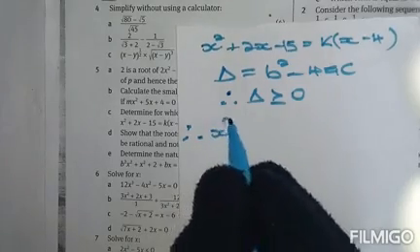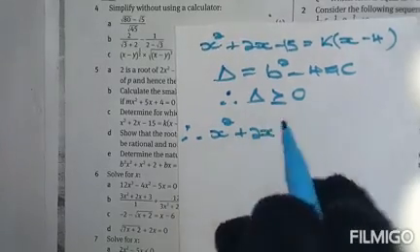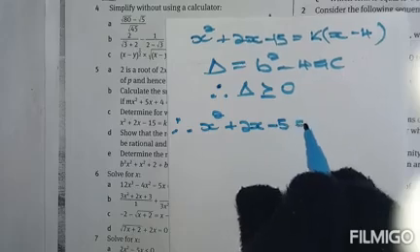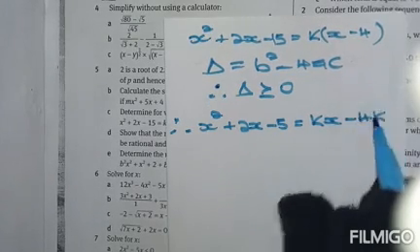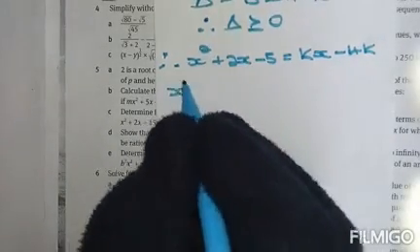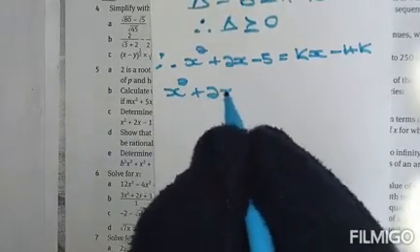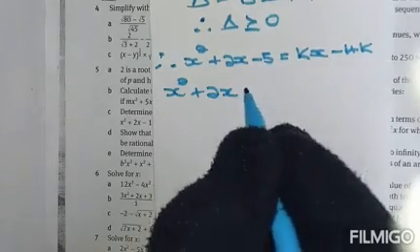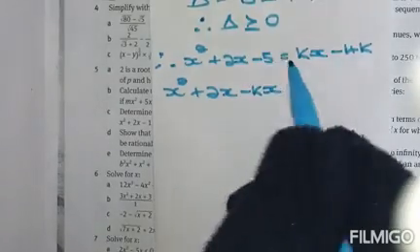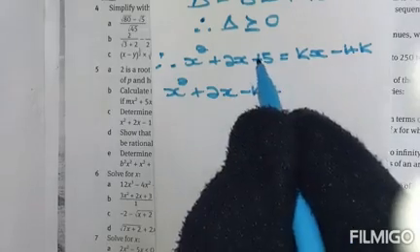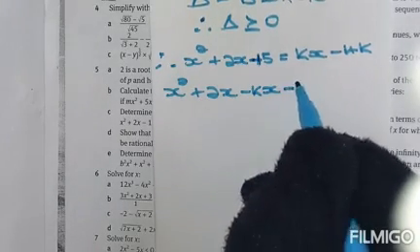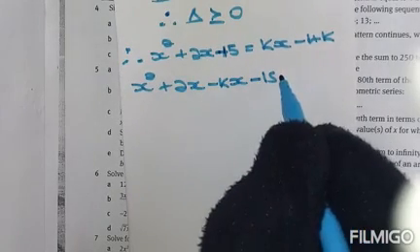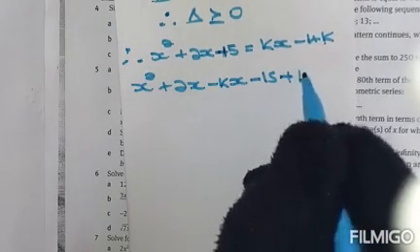That will be x squared plus 2x minus 15 equals kx minus 4k. Taking our k to this side, we have x squared plus 2x minus kx minus 15 plus 4k equals 0.